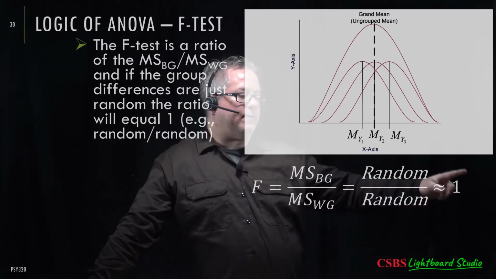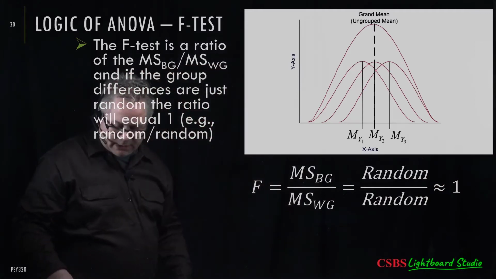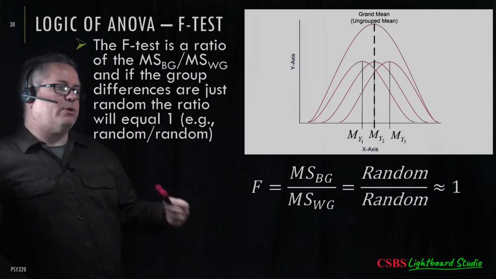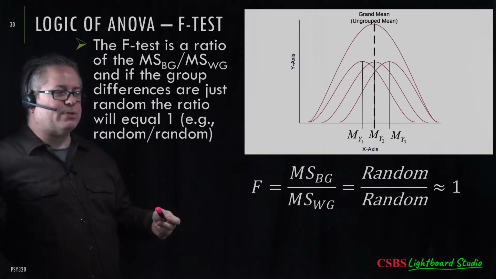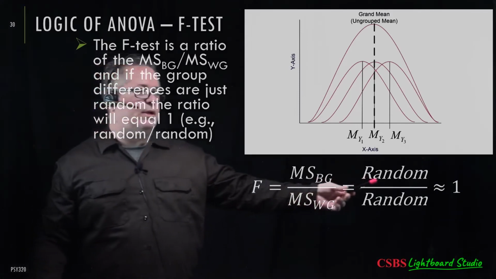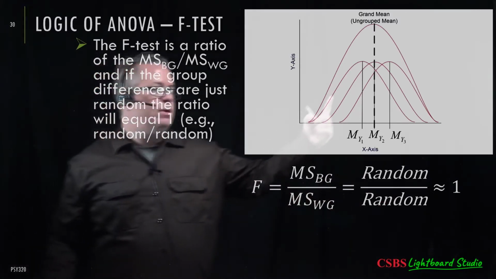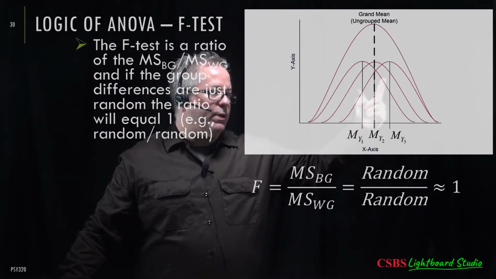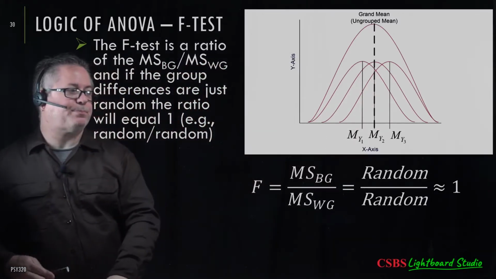An F value of 1 indicates that there are really no group differences, at least not substantial ones. So if there aren't any real differences between the groups, we'd expect an F ratio roughly equal to 1, because the means are just sort of on top of one another. They're not very different around the grand mean.